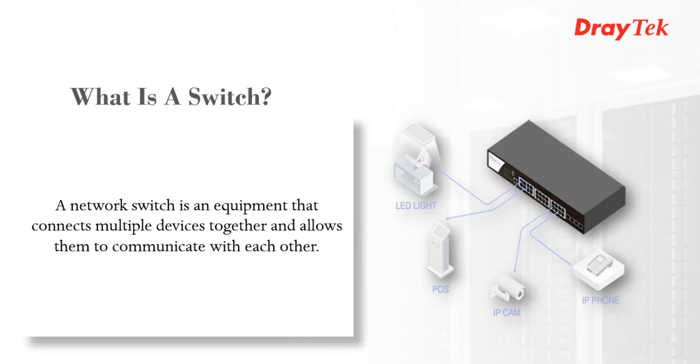A network switch learns the identities of connected devices and then only forwards data to the port connected to the device. Without a switch, devices would have to communicate directly with one another, creating congestion and inefficiency. In summary, a network switch is essential for efficiently managing and directing data traffic within a network, leading to better performance and communication between devices.